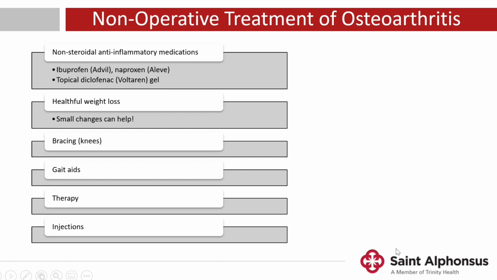Healthful weight loss can be really helpful. If you're doing this with a proper diet, where you're eating adequate healthy protein, lots of vegetables, and you lose some weight doing that and doing moderate exercise, that can be very, very helpful. It can reduce inflammation, and your joints act sort of as a lever arm.